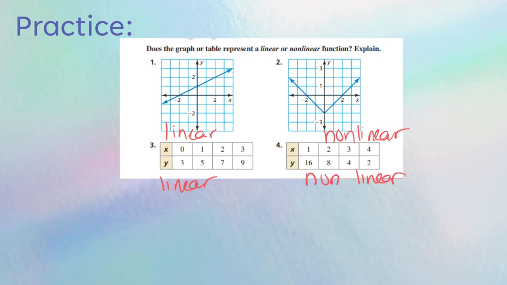Why? Because x is increasing by 1, but what's happening with y? It's decreasing by different numbers, right? First it decreased by half, and then by another half. But it's not constant. So it's going to be non-linear. The rate of change is not constant.